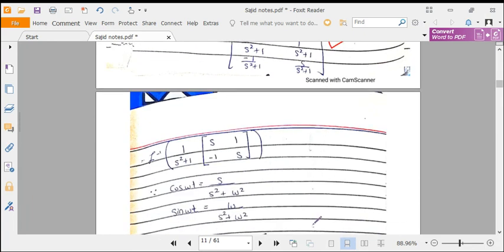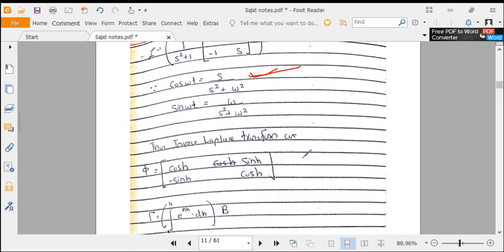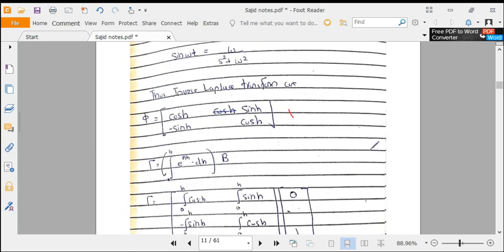Here omega is 1, so omega square is also 1. This is for sin omega t. Similarly, this is cos omega t, and this is again sin omega t. So we get this form. This is our phi. So we have found one thing, phi.